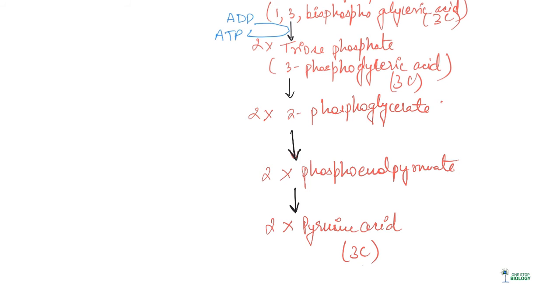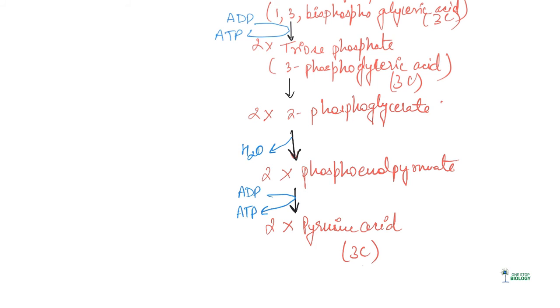So guys, again, in the final step there is a release of ATP. It is again an energy yielding process, and just a step before there will be release of water, right?